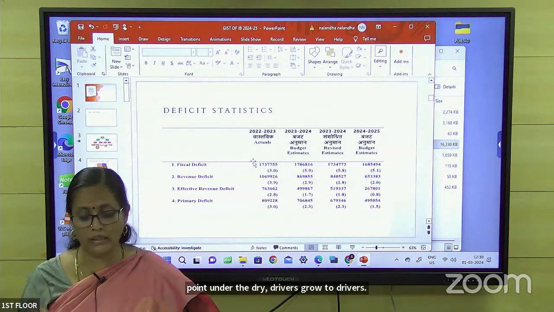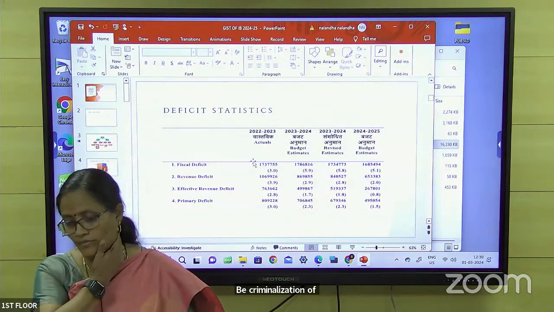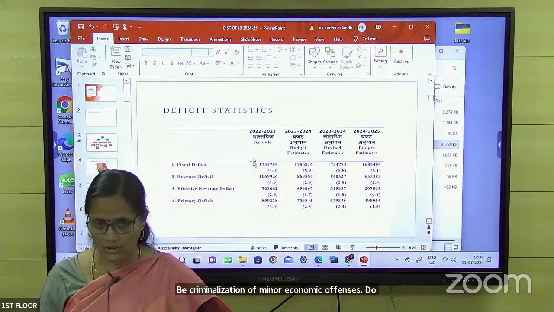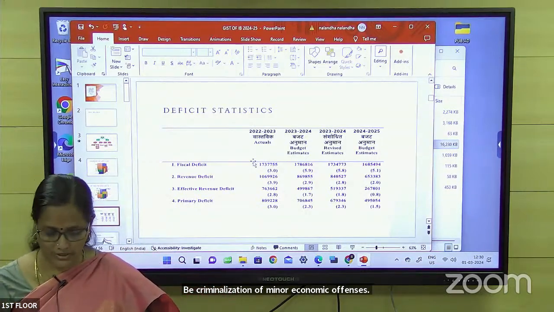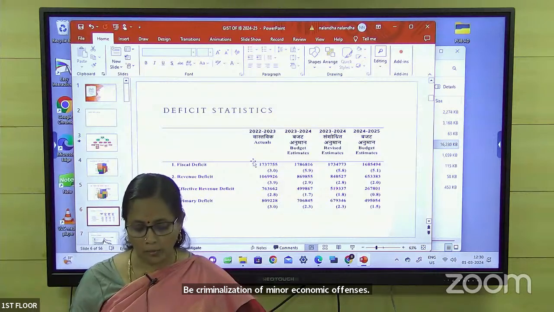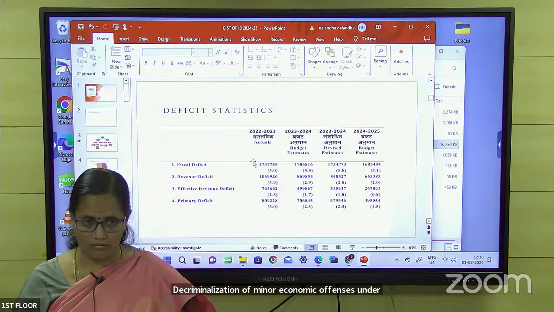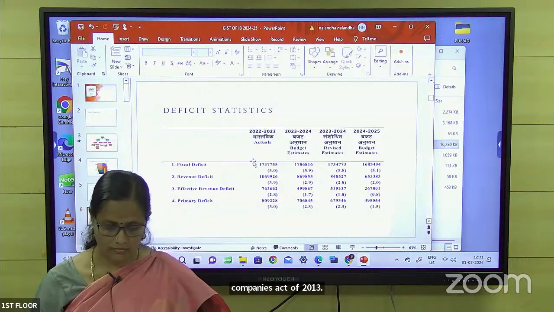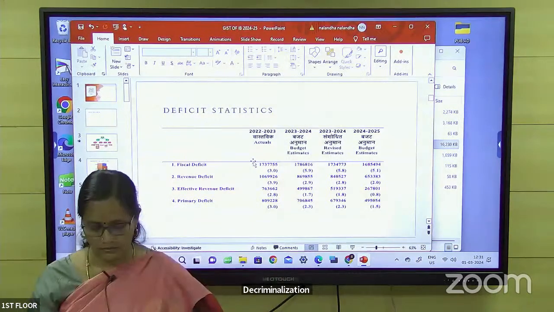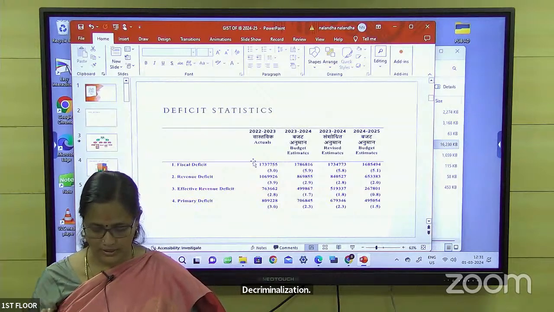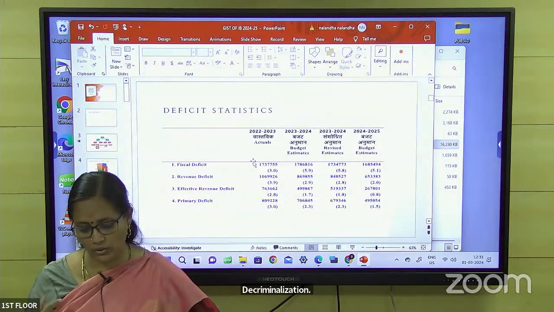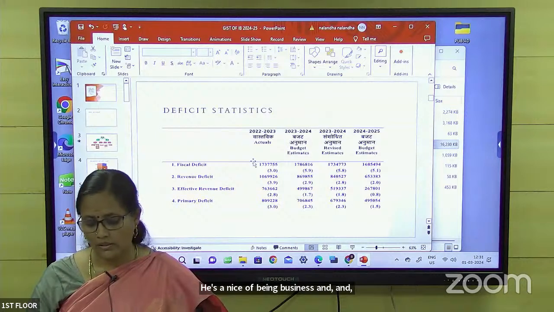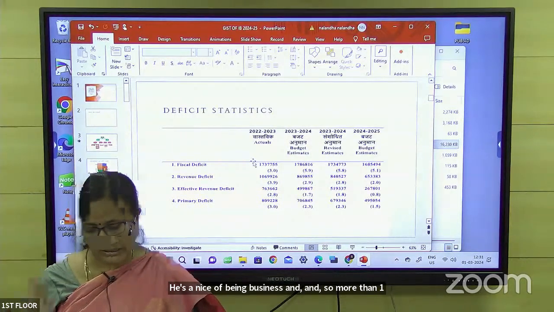Decriminalization of minor economic offences under the Companies Act of 2013. This improved ease of doing business well. More than 1400 cases they have decided without resorting to court.